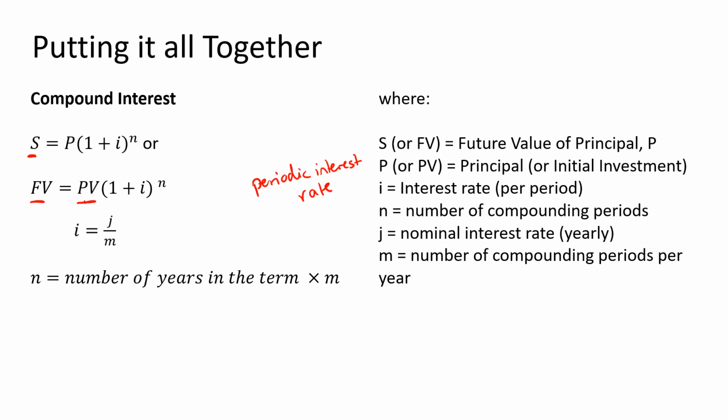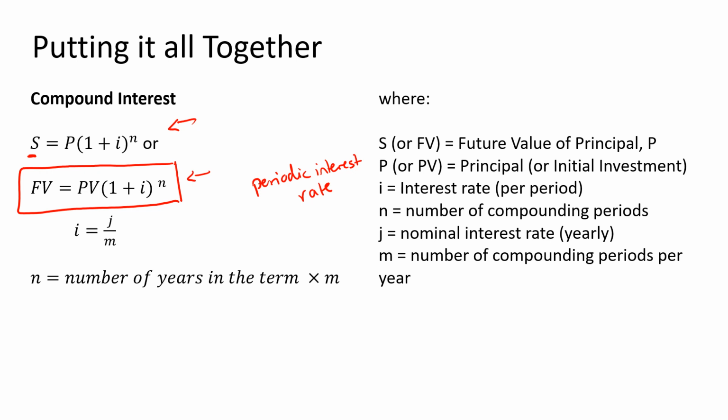I like it that way because it says you're starting off with a value of money today, your present value, and it's going to be invested and you're going to earn interest, and it's going to come out as a future value in a certain number of years, whether that's 1 year, 2 years, 10 years. So this is the way that you will see formulas written by me moving forward. I just like to show you both ways, and I want you to understand that it is the same formula.